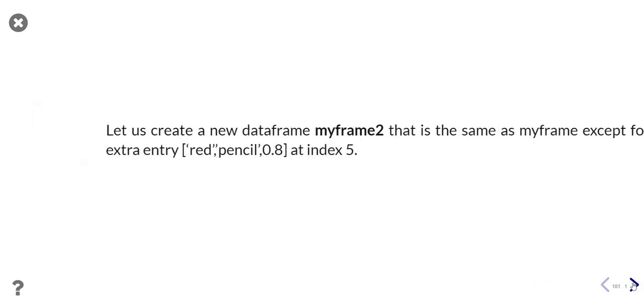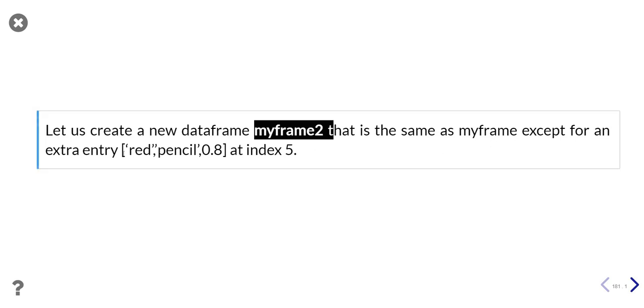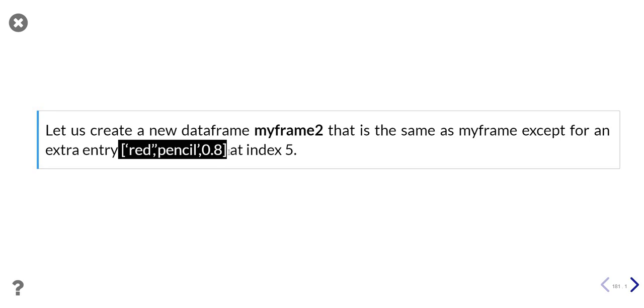Now let us create another new data frame. It's known as my frame 2, same as my frame, but then we'll add another additional data entry, a red pencil 0.5, and we're going to add another index.